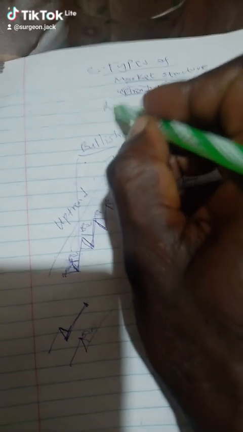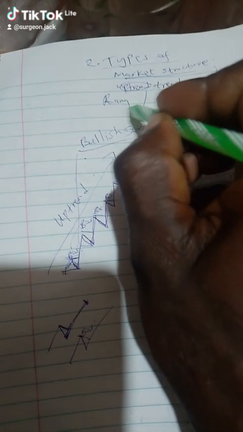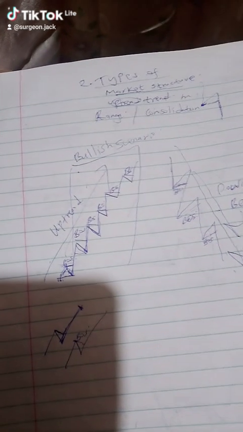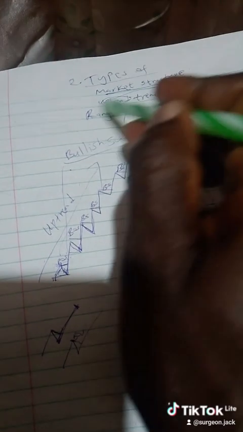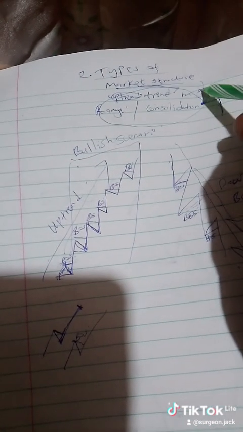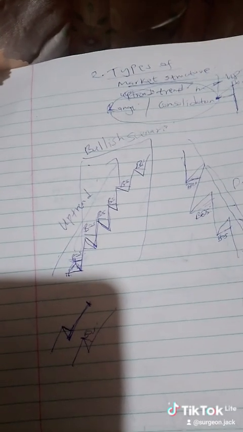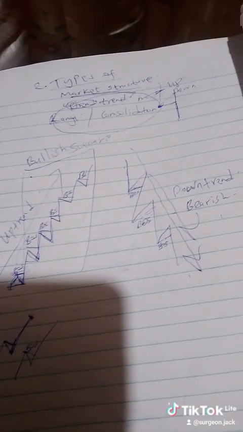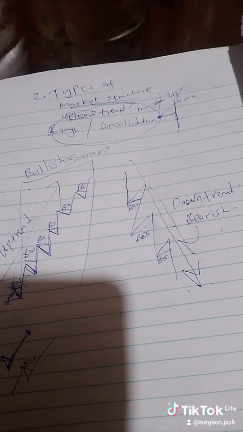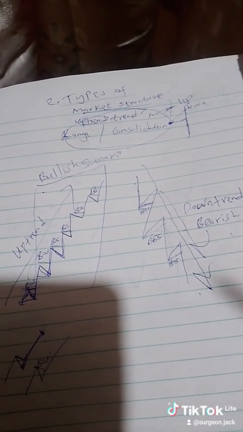Consolidation is also called a range market. So these two are types of market structure. Then in a trend market, we have uptrend and we have downtrend.